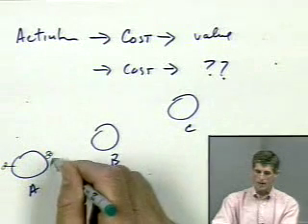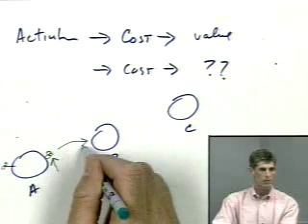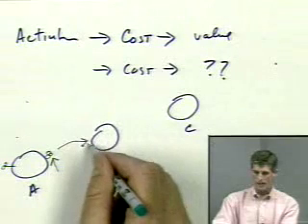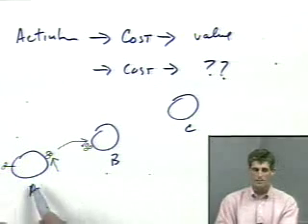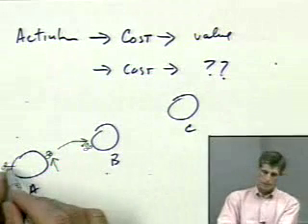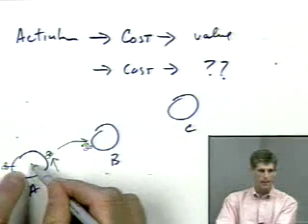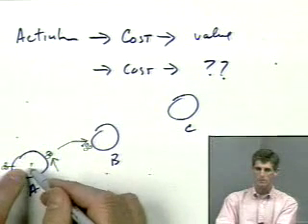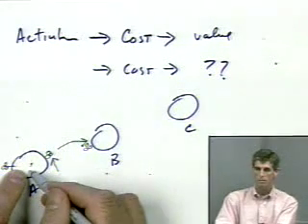Now somebody picks up this material and carries it over to where? To B, right? And so now the material is sitting at B. So the first activity was to put the raw materials into process A. Did process A create value? Of course it did, right? Or else we wouldn't be doing it.